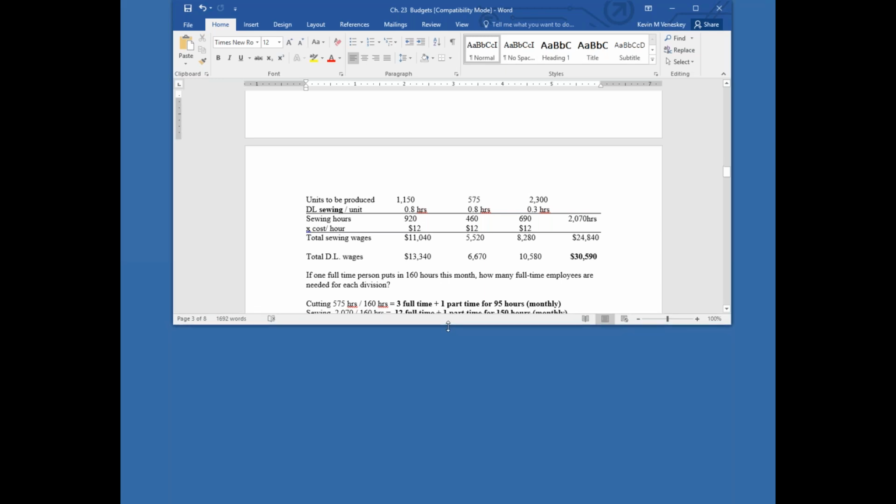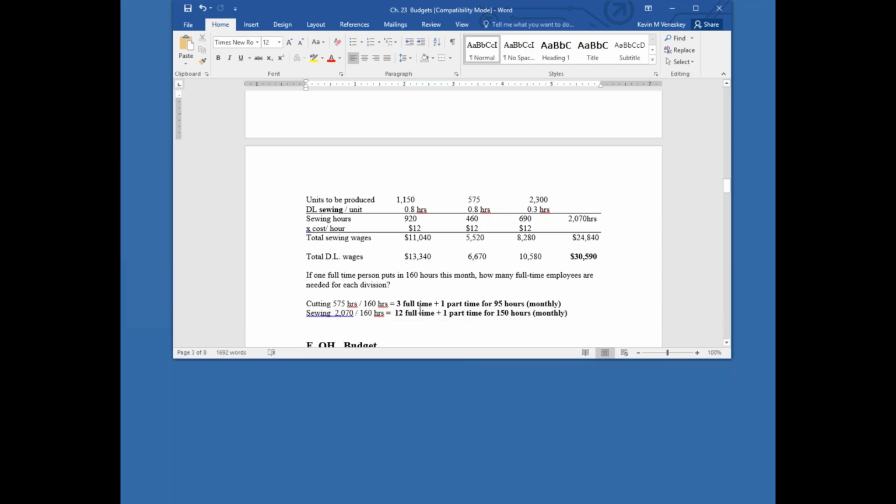Okay, this is what I got for our sewing department. We needed 12 full-time people, almost within one more 10-hour interval. I could have used one more full-time, but it came out to be just under 13, 12.9 something or 12.8, a number high in the 8s.